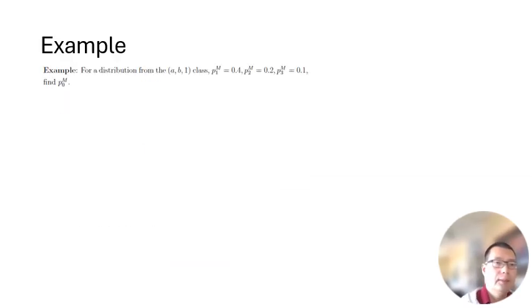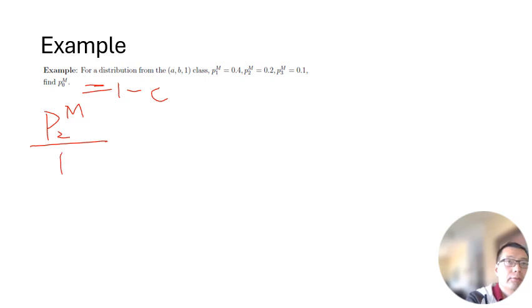Now let's look at this example for a distribution from the AB1 class. P1M equals 0.4, P2M equals 0.2, P3M equals 0.1. For the P0M, we know it can be expressed as 1 minus C. Now let's look at this relationship, which still works no matter whether it's an AB0 class or an AB1 class.